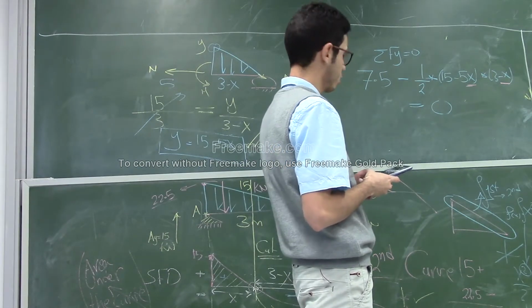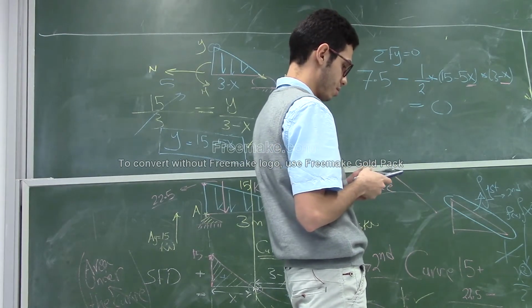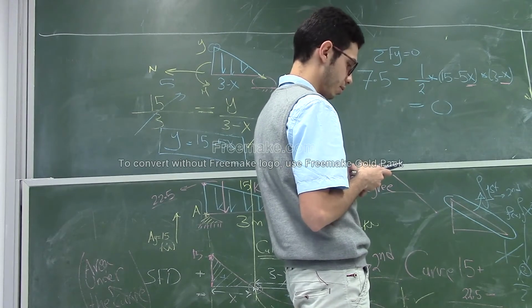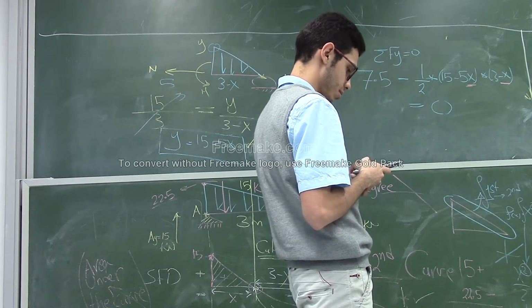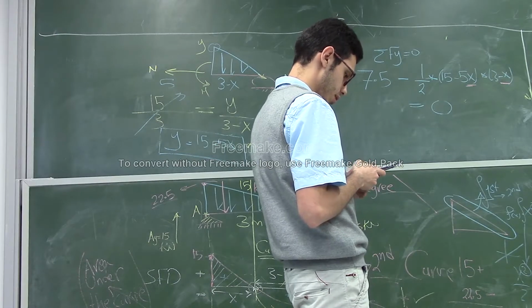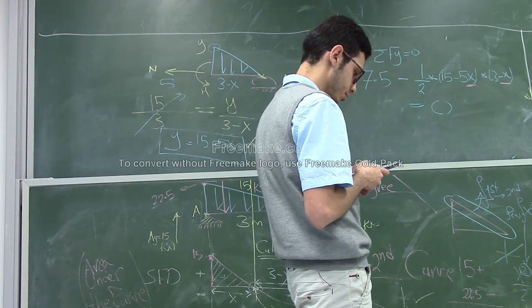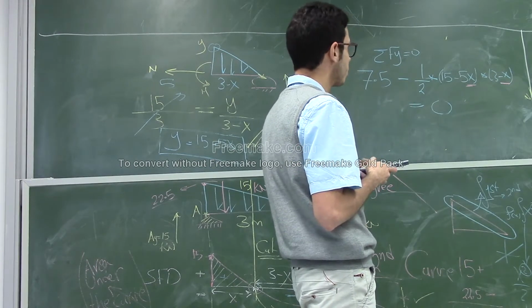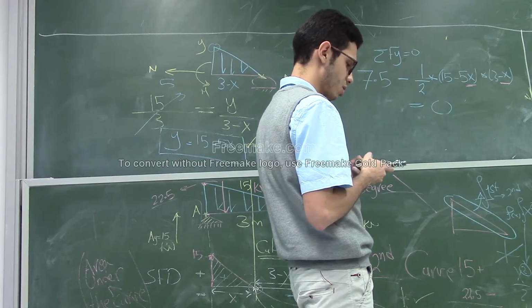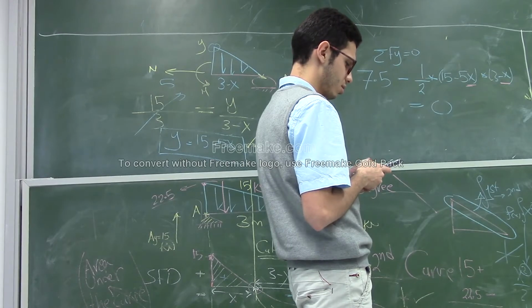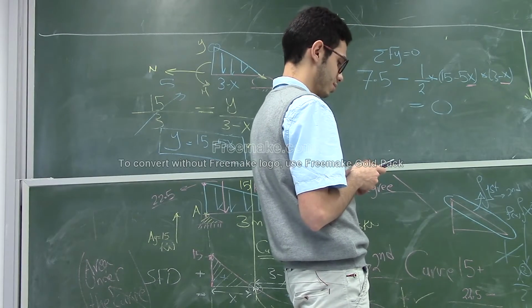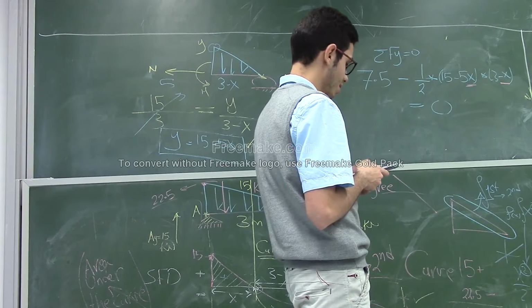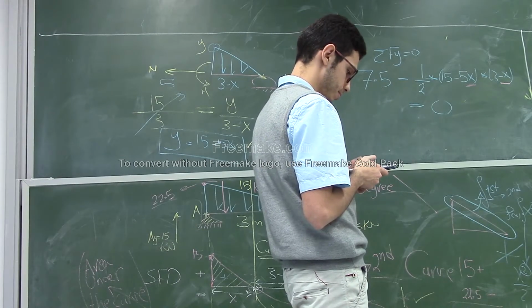So it's 7.5 minus half minus 5x is equal to 0.